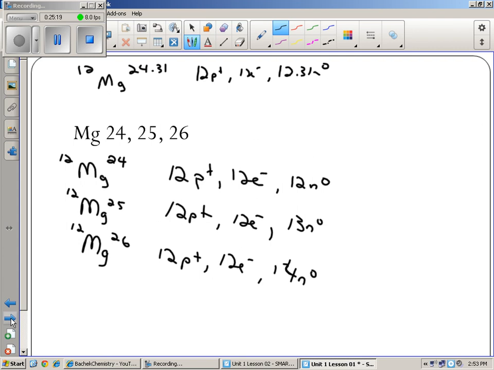So what's the average of 24, 25, and 26? This is not a trick question, okay? If you need a calculator, that's fine. 25 is the correct answer. But that's not the number up there. The reason we have these fractions of a decimal here is because they're not all equally common.